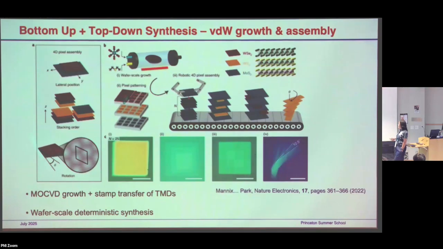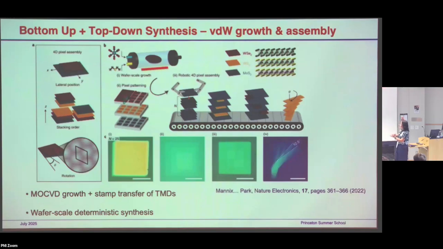And they have what they call 4-dimensional stacking, where you have X, Y, Z control and rotation. They can use the PDMS film, a pre-patterned film, to pick up one film, and then the next layer.